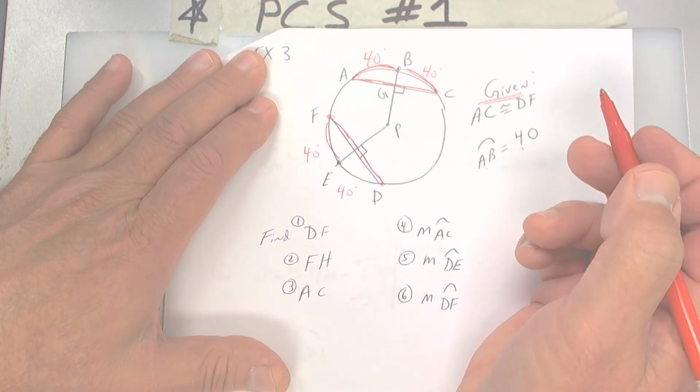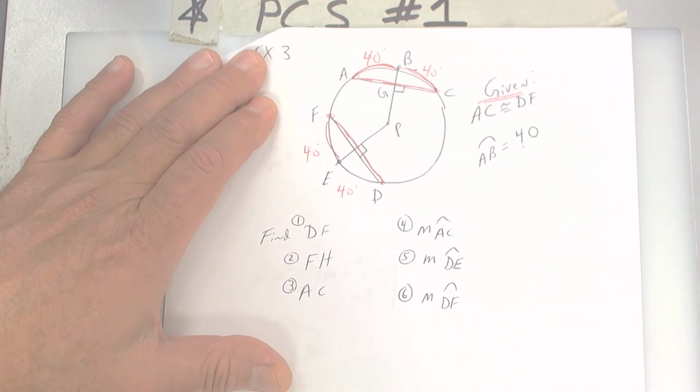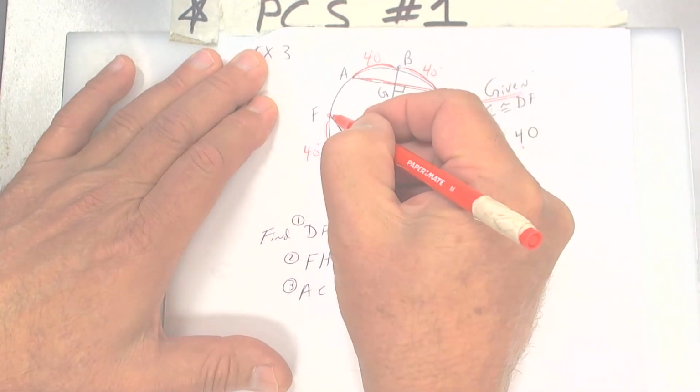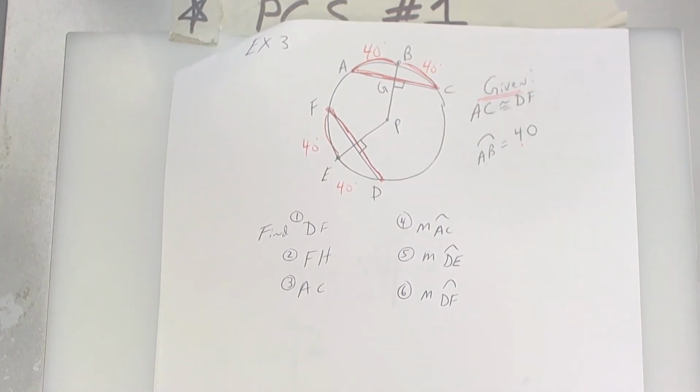Let's see what they want. They want DF. Let's see if we can find that. Now I'm thinking they should have given us some more information here. So DF is this segment. We know this segment is equal to that segment. Let me take a quick look and see if I'm missing something from this diagram here.